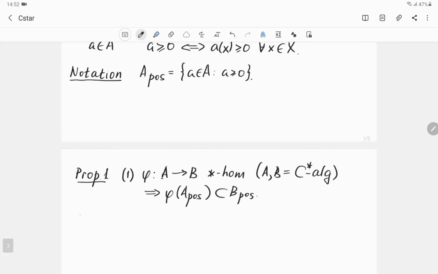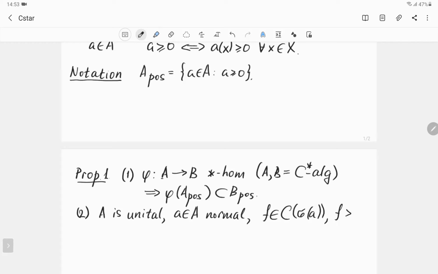And second, which is actually a special case of the above result, if our algebra A is unital, and little a is a normal element of our algebra, and f is a continuous function on the spectrum, which is non-negative everywhere on the spectrum, then the element f of a is positive.